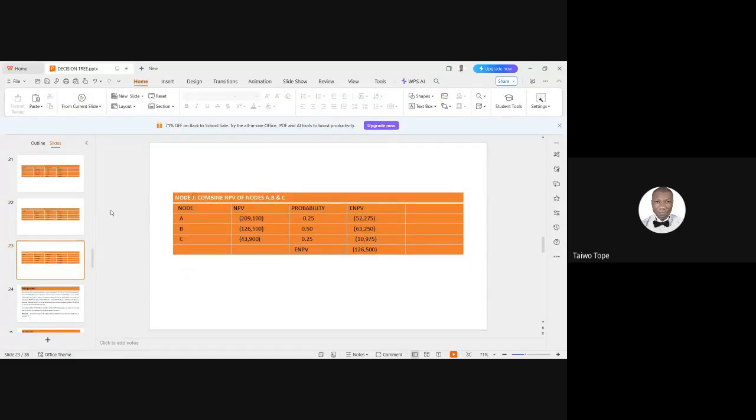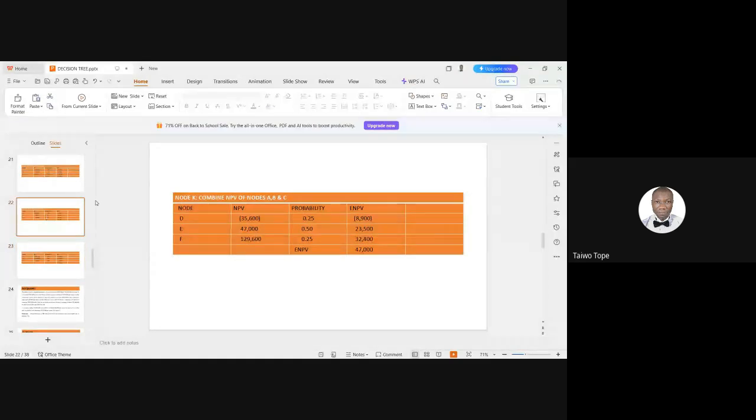So next we have node L. Just be careful. These will be the combined nodes of G, H, and I. Let me see.